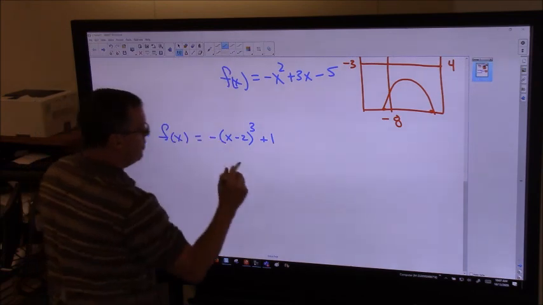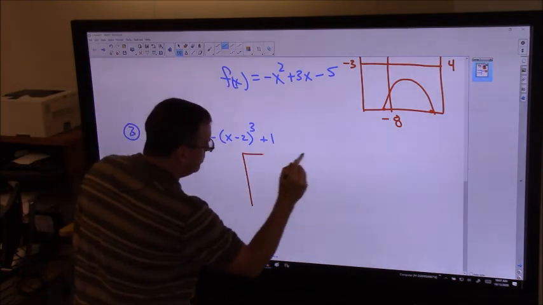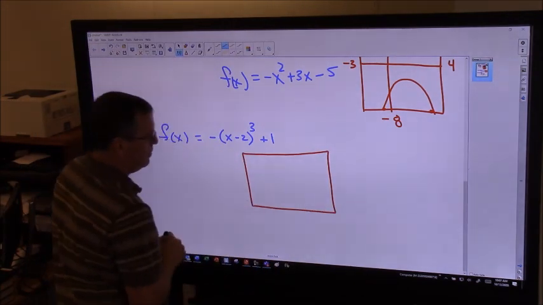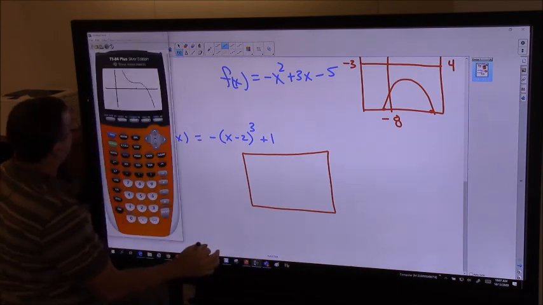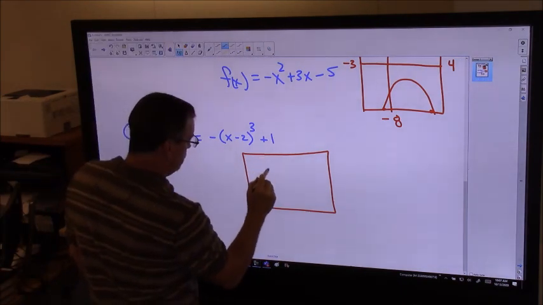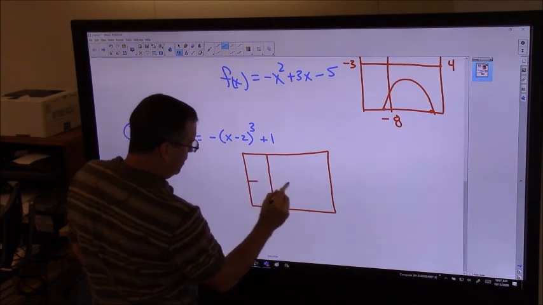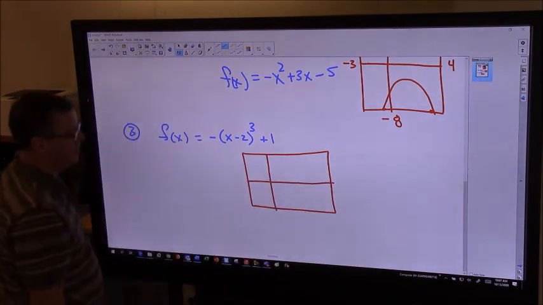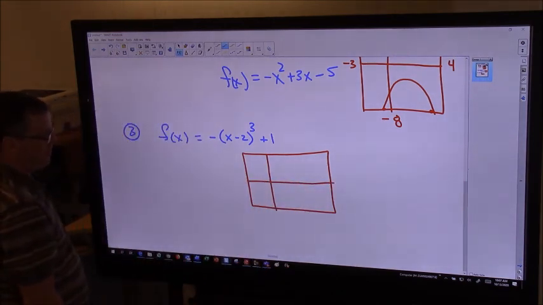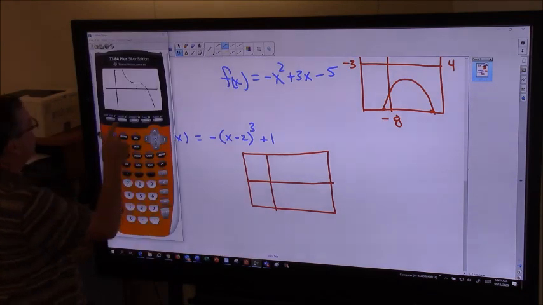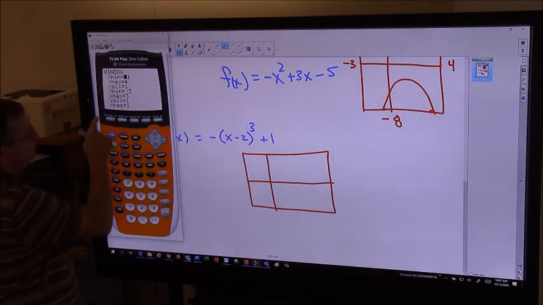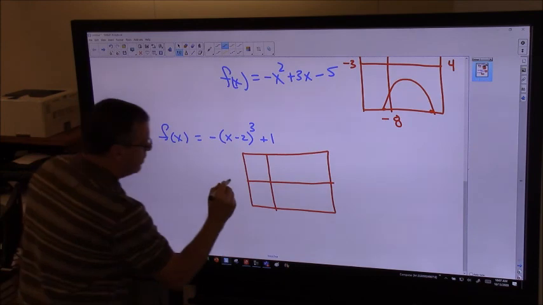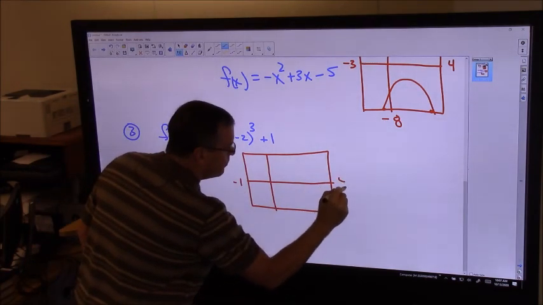I'm going to go ahead and draw a calculator window. My y-axis is over here, my x-axis is pretty much centered, and I went from -1 to 4 and -3 to 3.